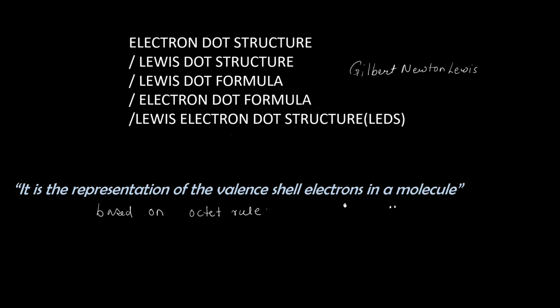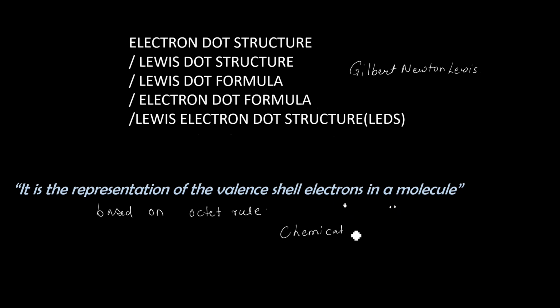The valence electrons are involved in bond formation, and bonds are formed by pairing of valence electrons of the atoms. So this Lewis dot structure is useful to know the nature of the chemical bond.